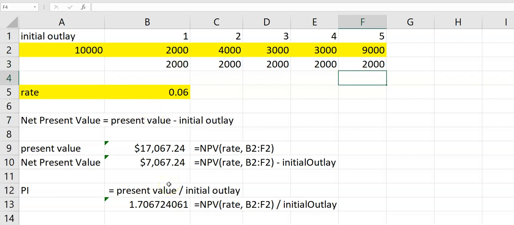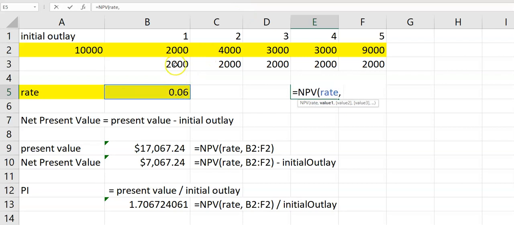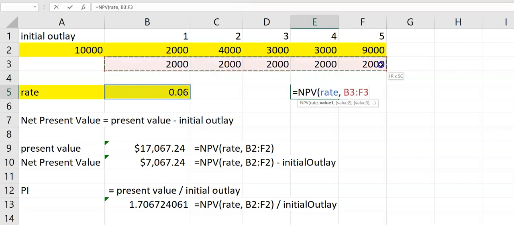I'm going to work this 2 ways. I'm going to work it using the NPV function and the present value function. I'll do it up here just so I don't have to move things around. So if I said, let's use NPV, I'll use the same rate I was using. And I just swipe that out.